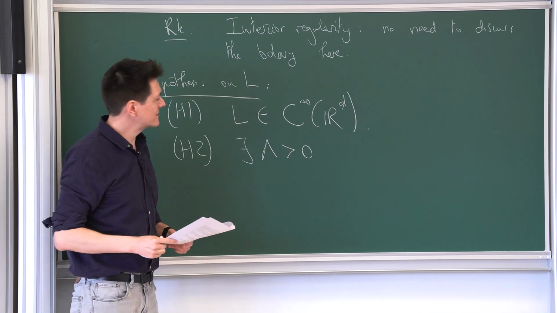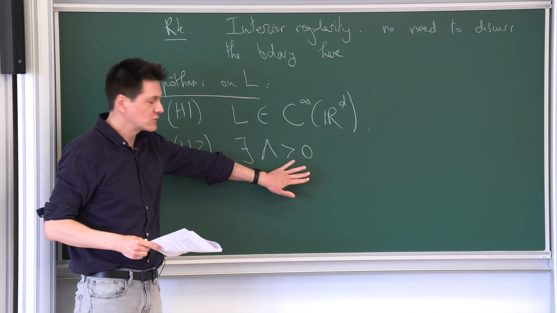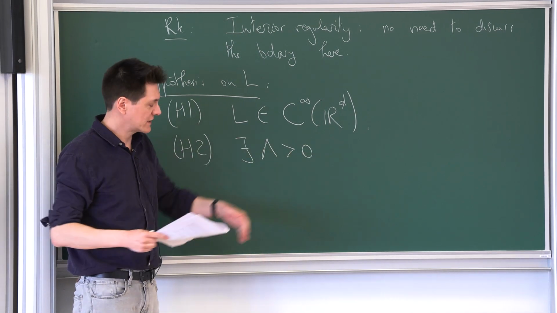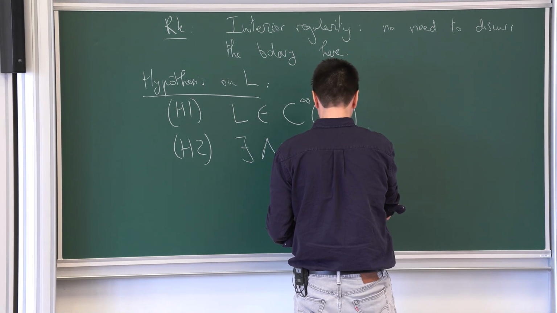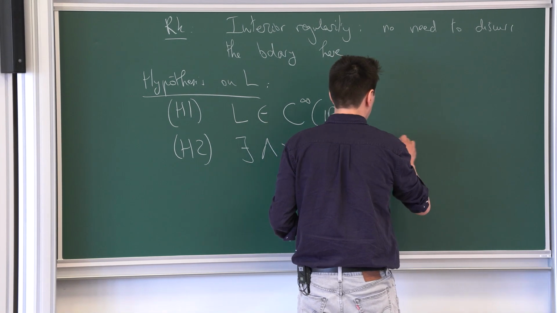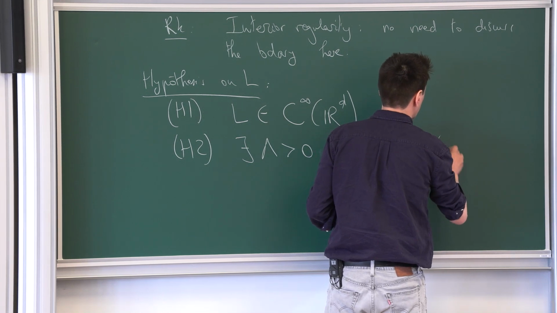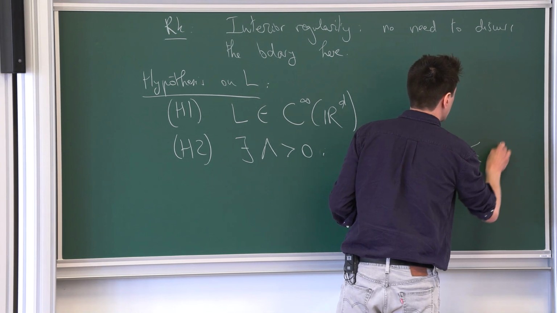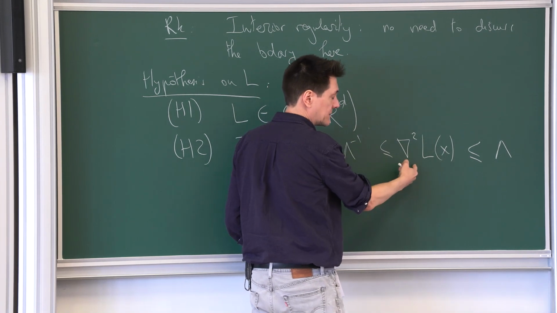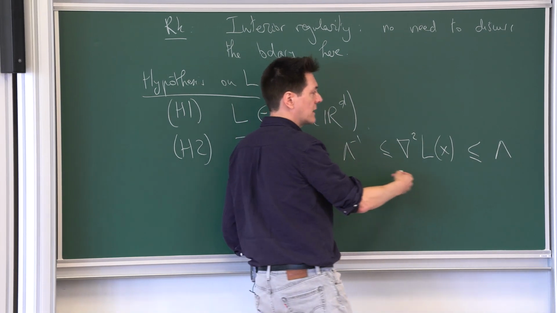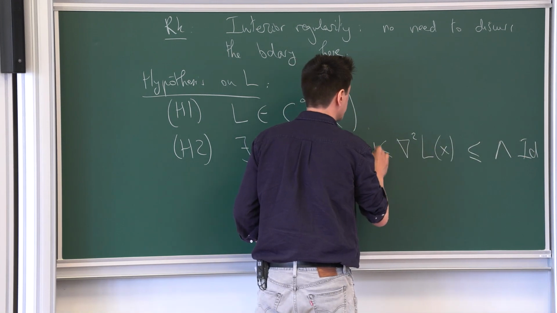I will do something that is not exactly satisfied immediately for the minimal surface equation, but actually you can reduce to a setting where you can reason with that assumption. So I'm assuming there's a capital lambda so that this matrix, at every point, is controlled like that, which obviously is a symmetric matrix by Schwarz lemma. So I really mean that I compare it to multiples of identity.